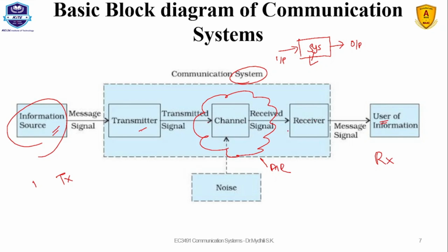So we'll see that the effective form of information to be received by the user is very important, and that particular area has more research possibilities to identify the best signal for the receiver or user end. So this is the basic block of a communication system, which consists of a transmitter, channel and a receiver.